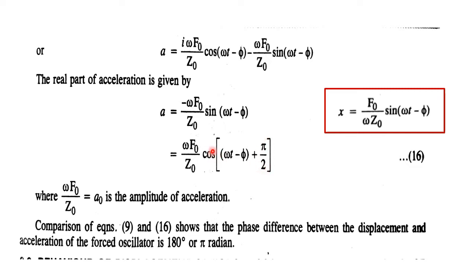That means it goes into the second quadrant, where minus sine theta is equal to cos of theta plus 90 degree.